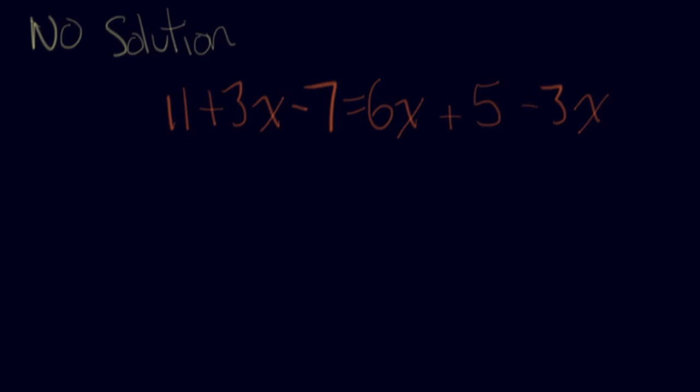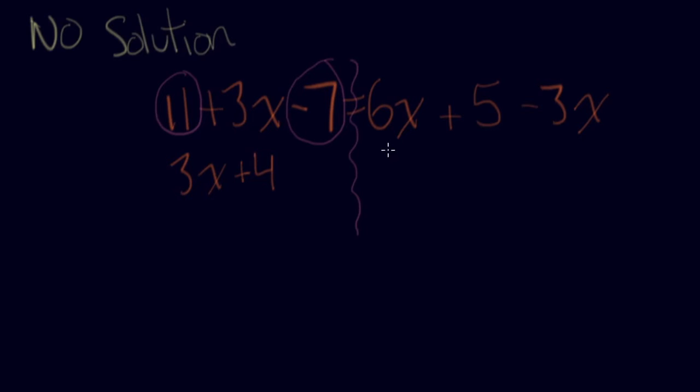So first thing you're going to do is combine like terms on the sides of the equation. So don't forget, there are two sides to an equation, and we combine like terms on each side separately. So there's an 11 and a negative 7. This negative 7 and this 11, I'm going to combine. So I'm eventually going to get 3x plus 4.